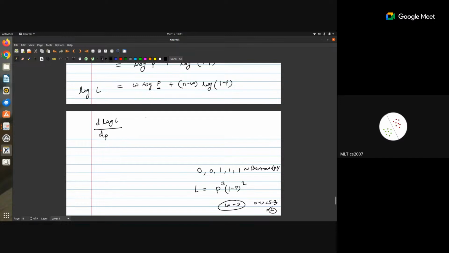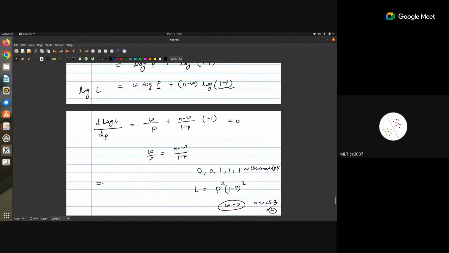So differentiating with respect to p, what is the differentiation here? W by p plus (n minus W) divided by (1 minus p) times minus 1, because for 1 minus p we have to differentiate it too, and we equate that to 0. So can I say that W by p equals (n minus W) upon (1 minus p)?